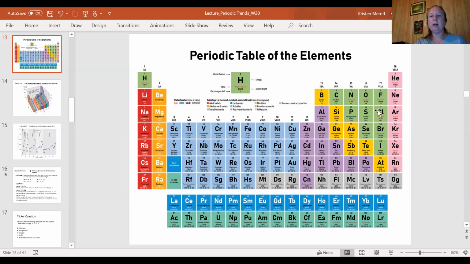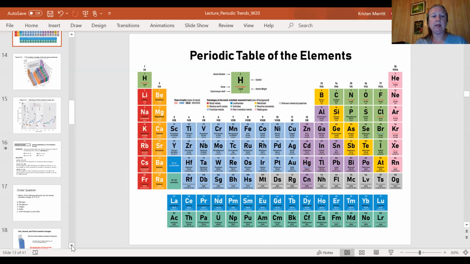The chloride ion, the argon element, and the potassium ion all have the same configuration, but the chloride ion is going to be bigger than the argon because it added, and so it significantly increases. The potassium is going to be much smaller because it significantly decreases when you lose an electron.